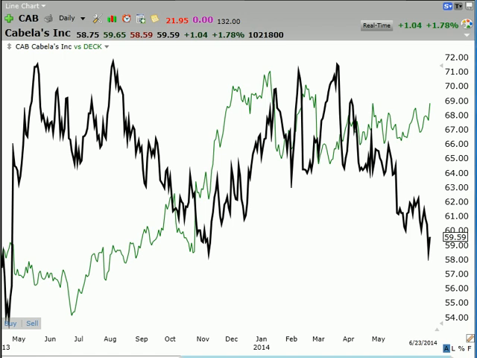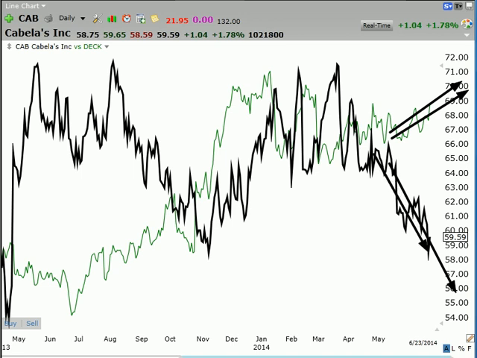And the idea is that if the position you are short continues to move lower and the position you are long continues to move higher, you're going to make more money than if you had just gone long, in this case Deckers, without the short of Cabela's.